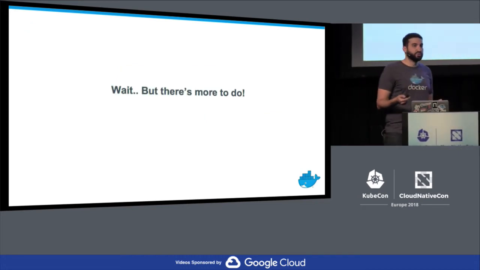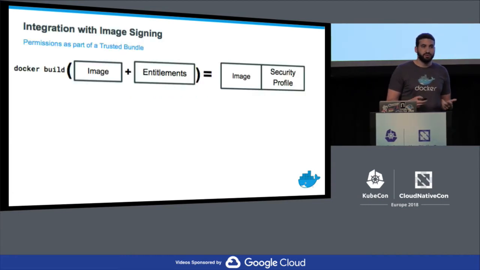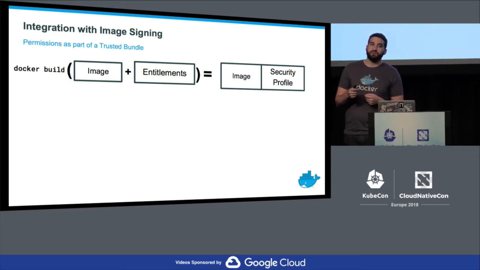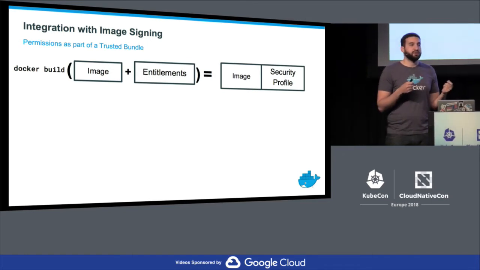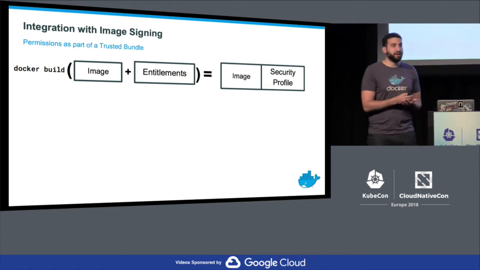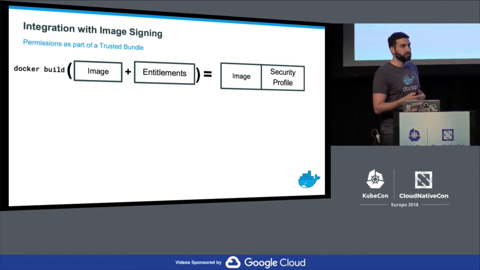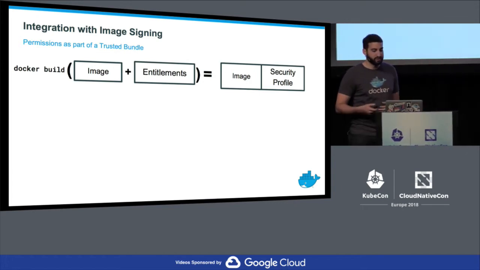But there is actually more to do, because you can provide the user a simple set of permissions, but we should also leverage the knowledge that the developers have on the application that they are creating. So they can pass along information to the operations people who are going to run that into production.